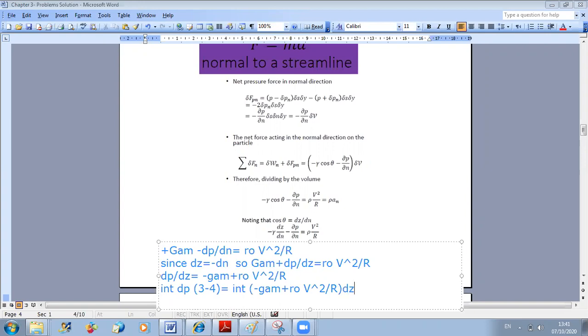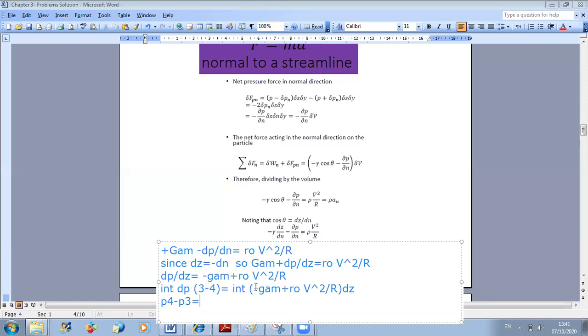Now, the integral of dp between 3 and 4 gives pressure at point 4 minus pressure at point 3, equal to... gamma is a constant, which is why I can take it outside of the integration.